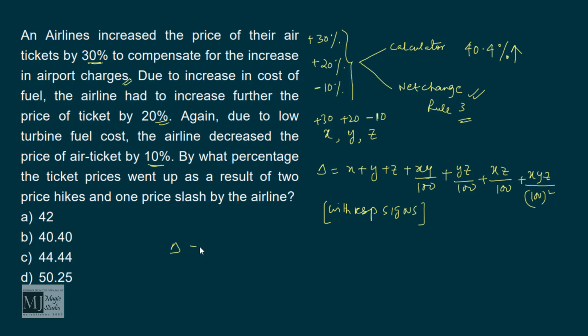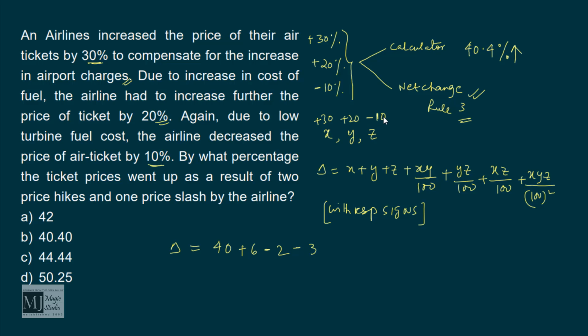Let's see how. So delta would be equal to 30 plus 20 is 50, minus 10 is 40. xy, 30 into 20 by 100, is plus 6. yz, 20 into minus 10 by 100, is minus 2. xz, 30 into minus 10 by 100, is minus 3.